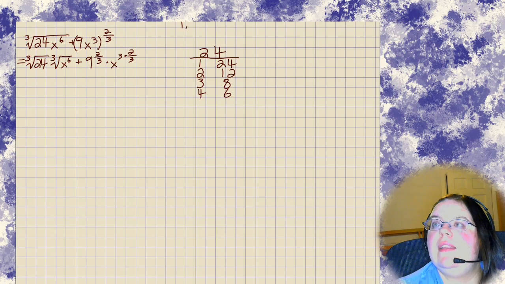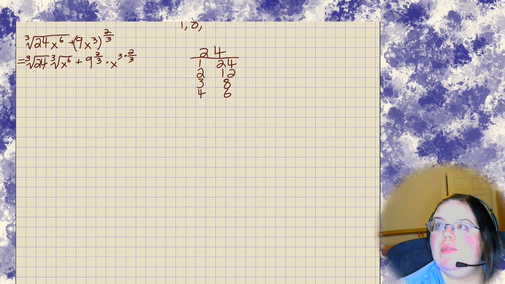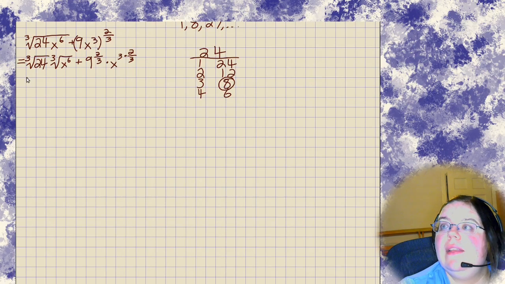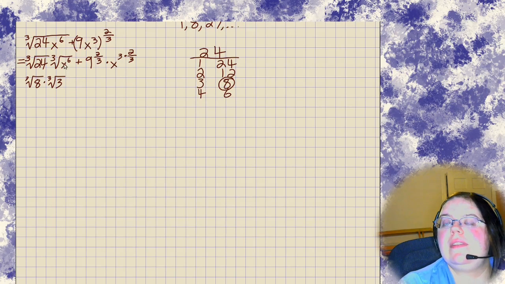So 1 cubed is 1, 2 cubed is 8, 3 cubed, so 3 times 3 times 3 is 27, and I know I'm not going to find any more than that within factors for 24. So the greatest cube factor of 24 I see is 8. So that's how I'm going to break that down. So I'll have the cube root of 8 times the cube root of 3, my other factor.